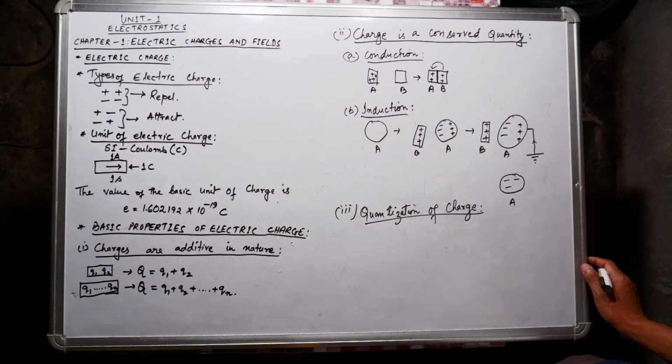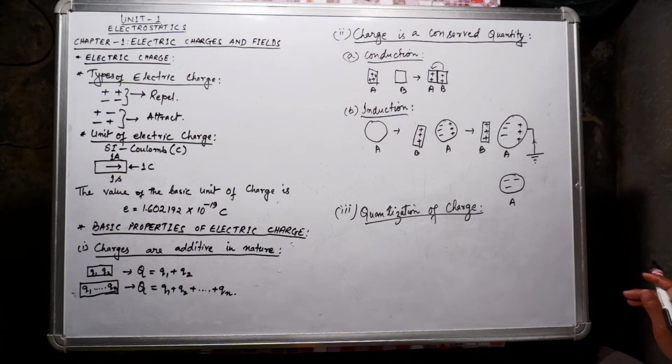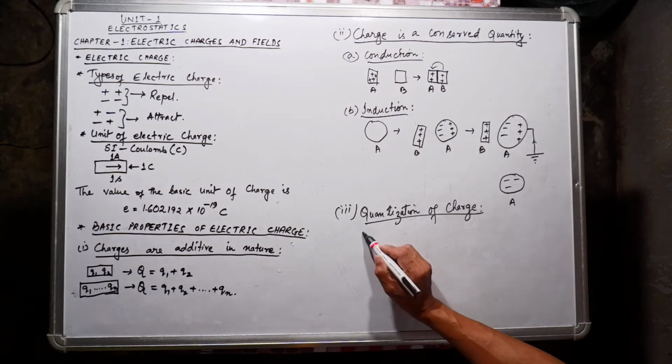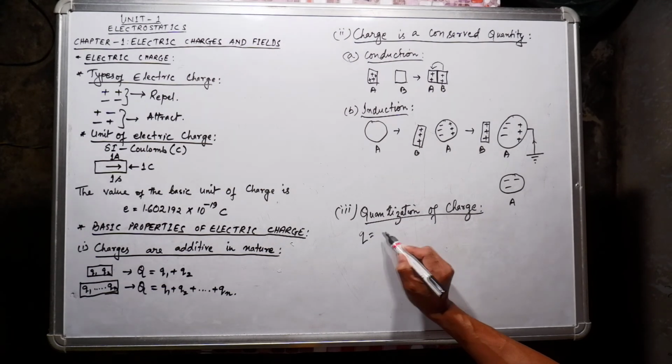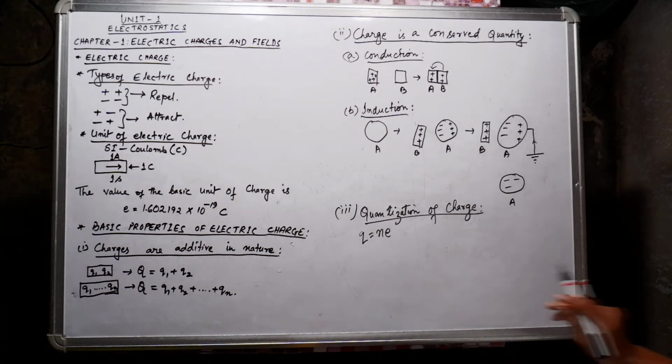The quantization of electric charge is the property by virtue of which all free charges are integral multiples of the basic unit of charge represented by e. Thus, the charge Q of a body is always expressed as Q = ne.